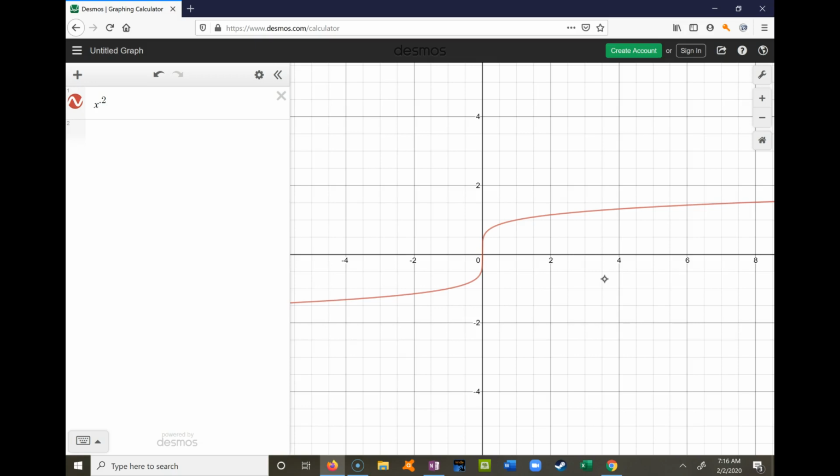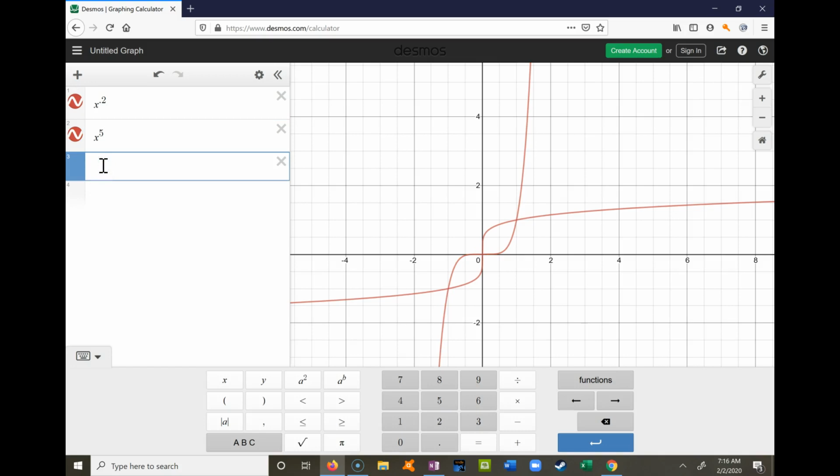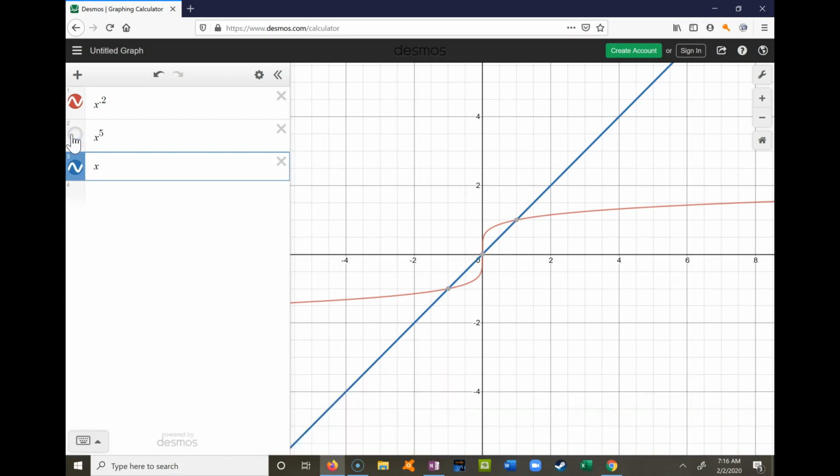And this, of course, we already kind of expected because we've already graphed polynomials, and you remember that with a polynomial, when you have a fifth power, like x to the fifth, again, it just looks like that. And just to remind us, because we're talking about inverses here, there's that line y equals x. Let's change the color of that.